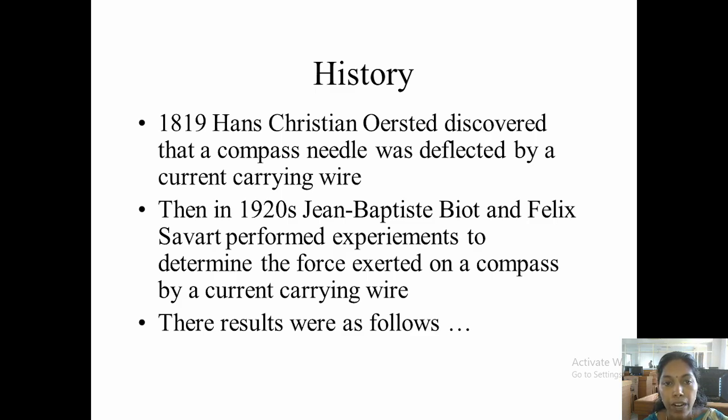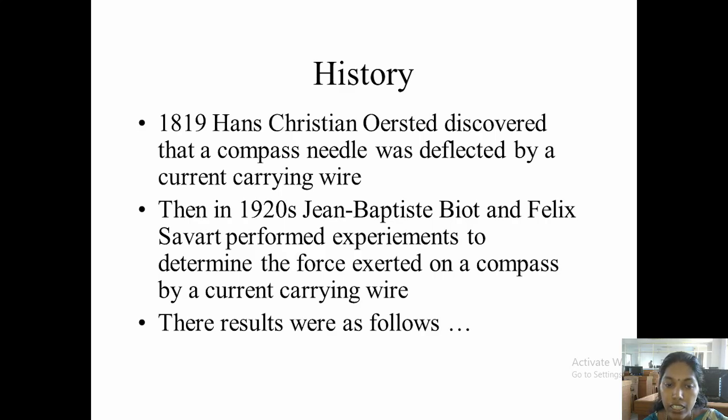The history of Biot Savart Law: in 1890, Hans Christian Ørsted discovered that the compass needle was deflected by the current carrying wire. The current carrying wire gives a deflection to the compass needle. That is what he found in the 1890s.